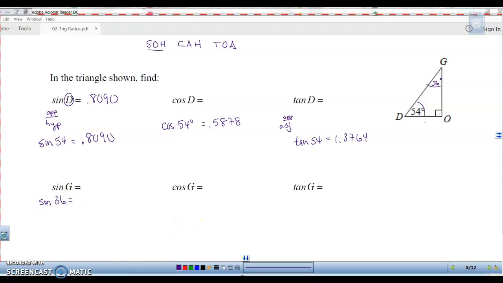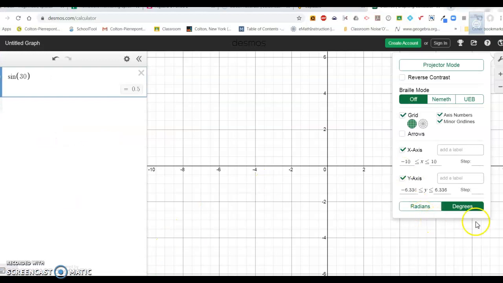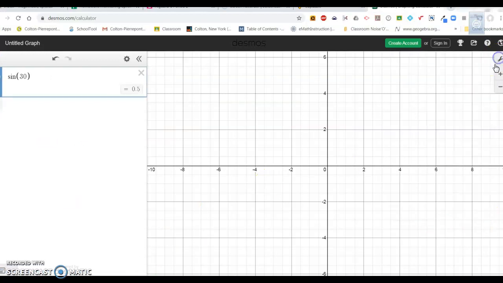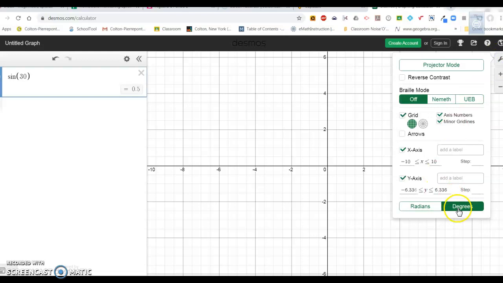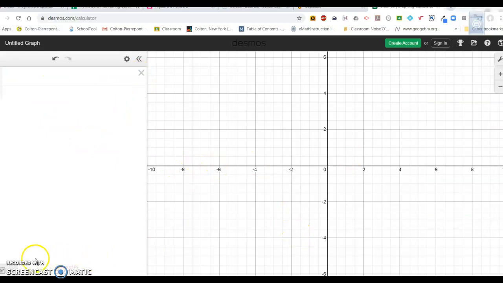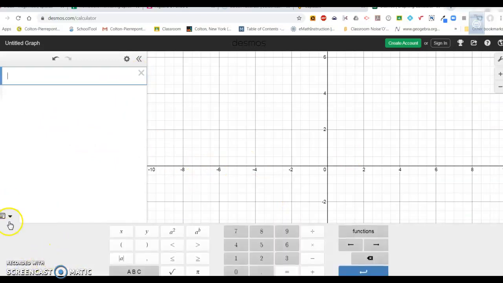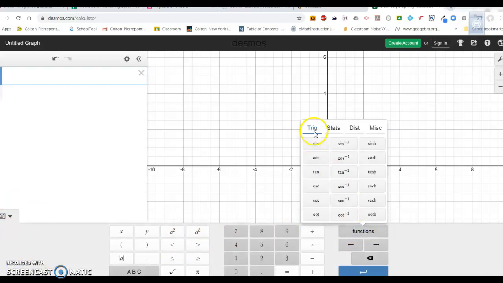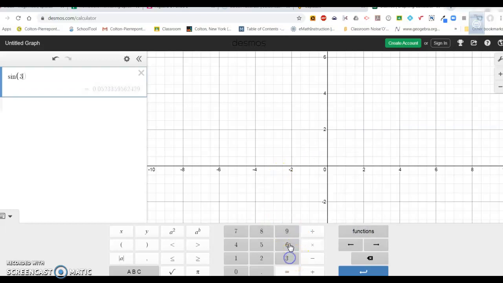So let's do Desmos this time. First thing I'm going to do is make sure my Desmos is in degree mode. Press degree right over here. And then I go over here, clear this out. If you look at your keyboard down here, you want to go to your functions and then make sure it's on trig. So if we want to do sine of 36, you press sin and then 36.